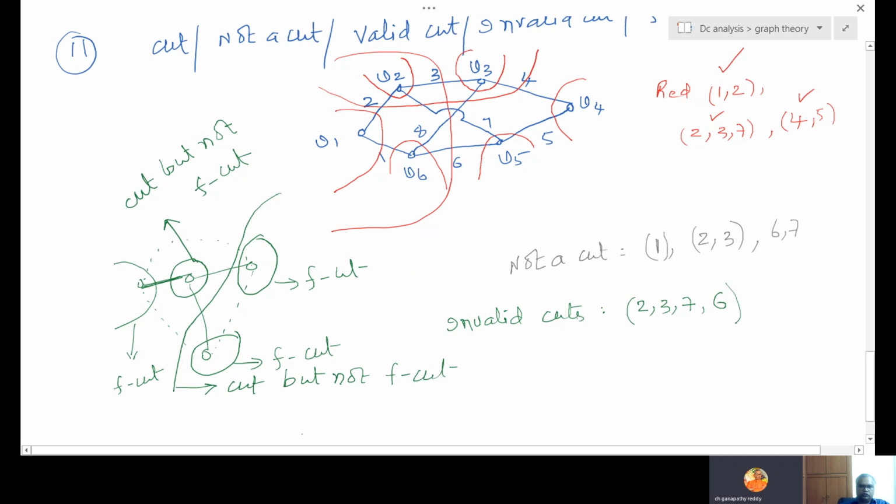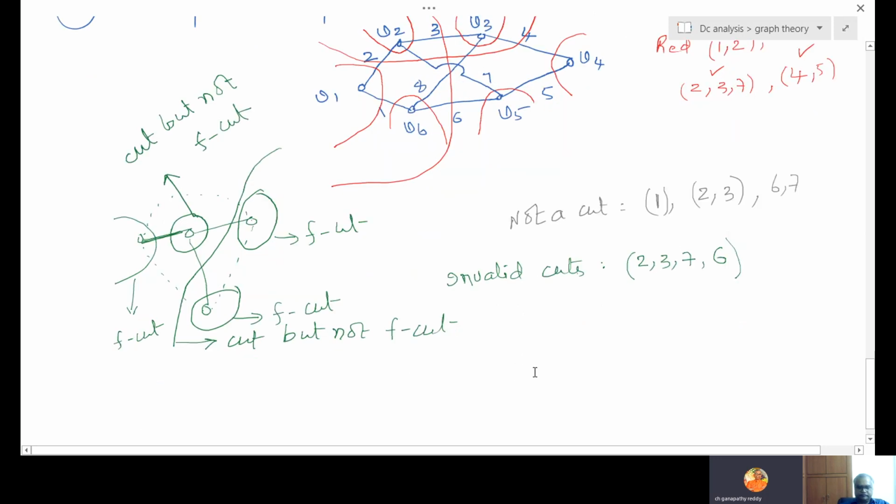Fundamental cuts, or F cuts, indicate the number of nodal equations needed. F circuits indicate what?